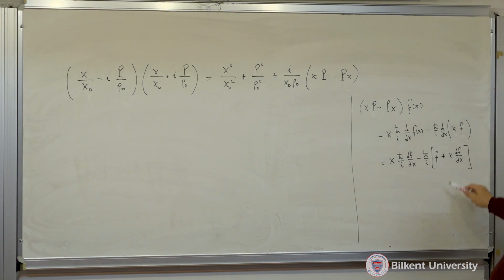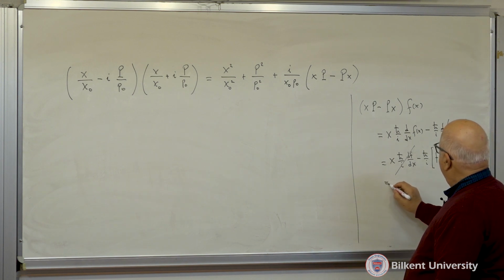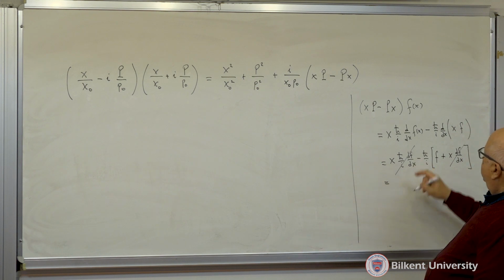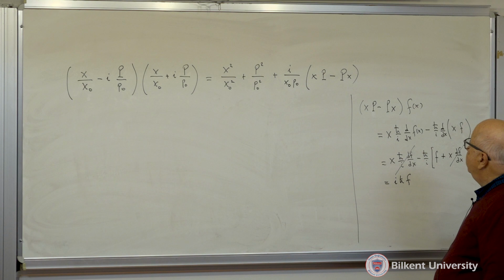Now you see this last term cancels the first term, but there's a remaining term. So the remaining term is equal to, if I just put the i to the numerator and change the sign, i h bar times f.